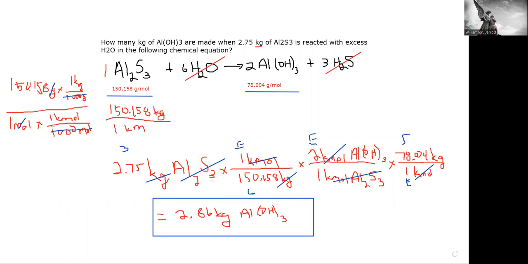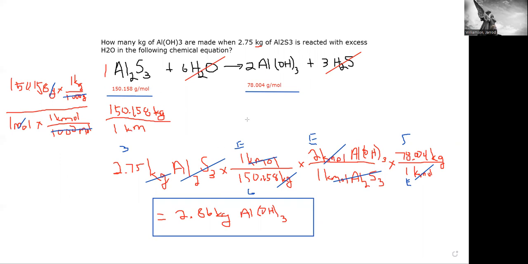But if I also convert the moles into kilomoles, I'd multiply 1 kilomole over 1,000 moles, so I'd end up dividing down here by 1,000 too. As long as I do the same to both, 150.158 kilograms is 1 kilomole for this molar mass.